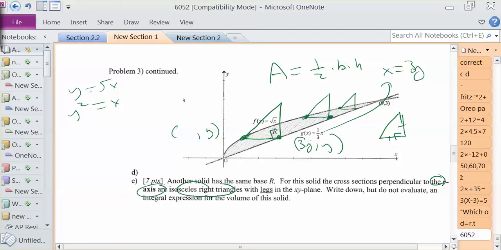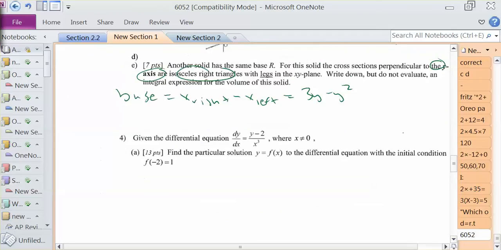So you're going to have 3y and y squared as the x coordinates for those 2 points. And we want to do right minus left. So our base is x right minus x left, which of course is going to be 3y minus y squared.